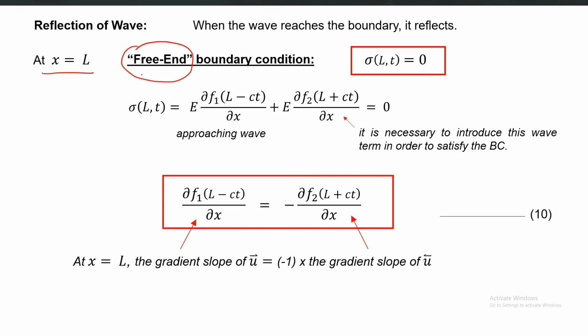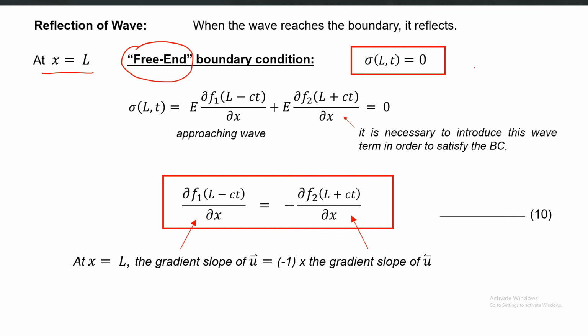Let me first explain the free end. Let's write that observation which we just saw in the video: if the other end is free, the reflected wave has the same direction as the incident wave or the approaching wave.